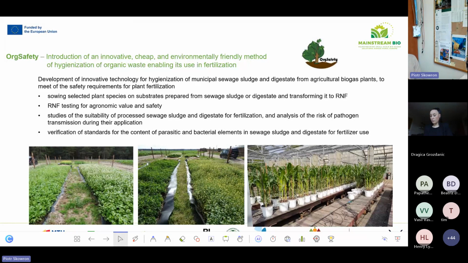In this project, we develop a method of hygienization of sewage sludge and digestate using specially selected plant species like marigold, mustard, buckwheat, or oil radish, and we finally have fertilizers which we can use safely on the field.